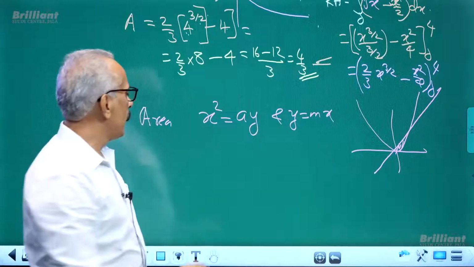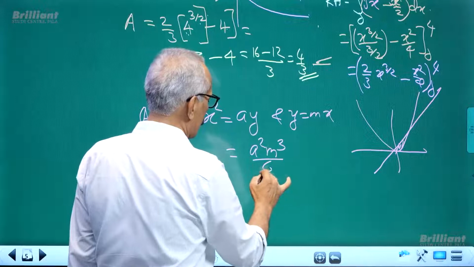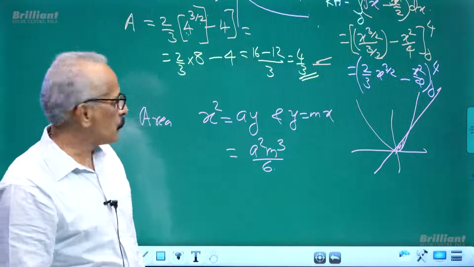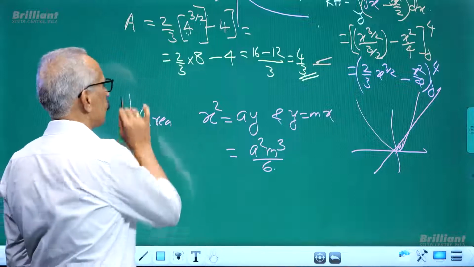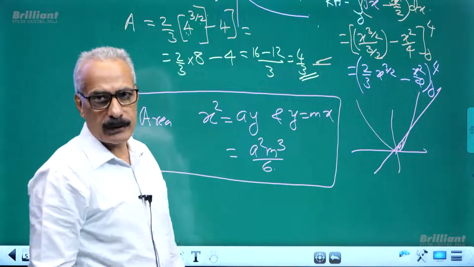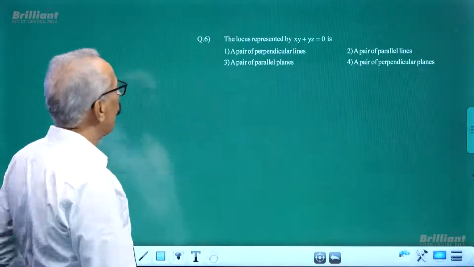The area will be just reciprocal: a square m cube divided by 6. Remember this also. These two parabolas, usually you will get the same question. So, within no time, you can write the answer. Okay. On to the next question.